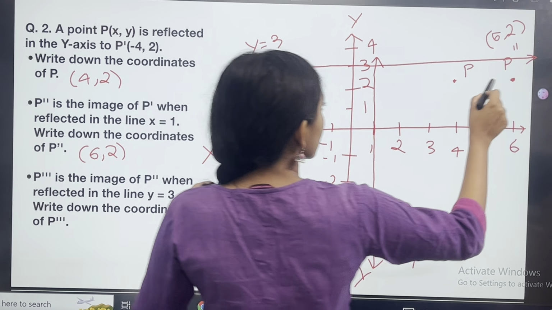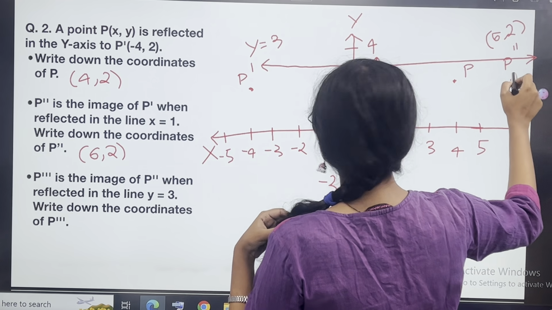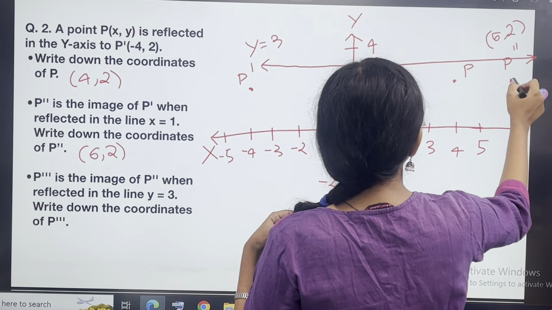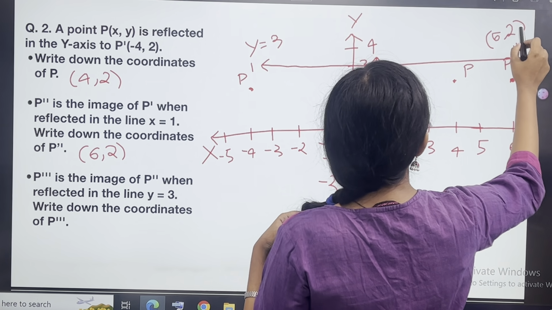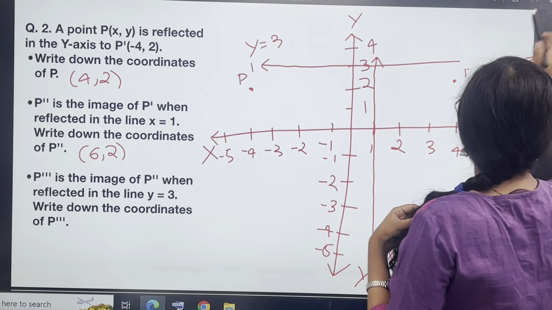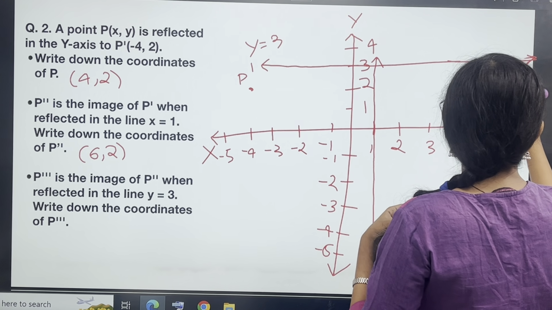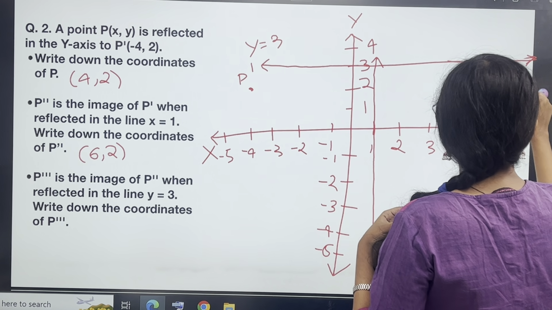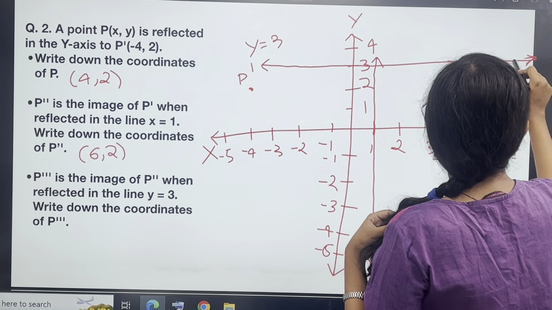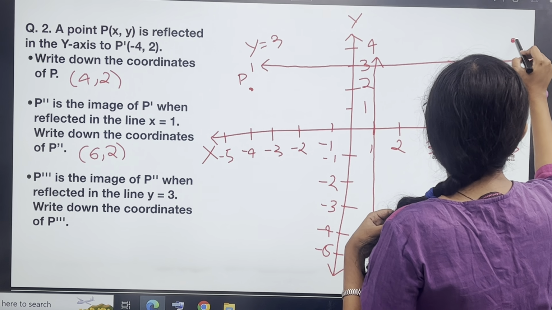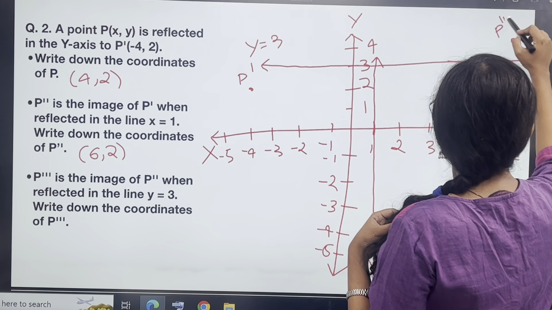Coordinates of P triple dash. P double dash is here. You are at 2 and there's a distance of 1. So on this side, a distance of 1 will be P triple dash.